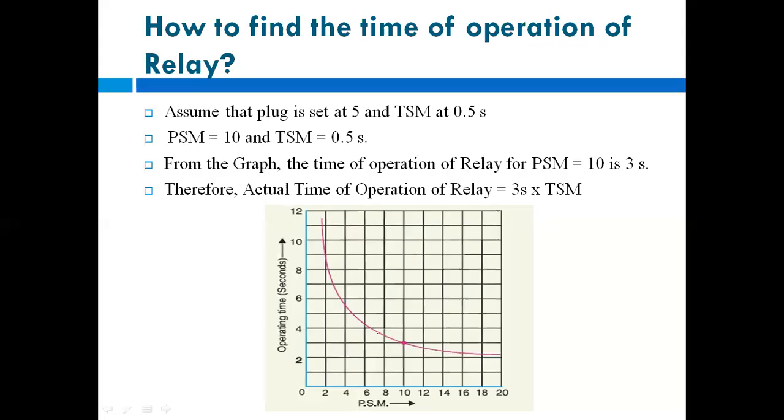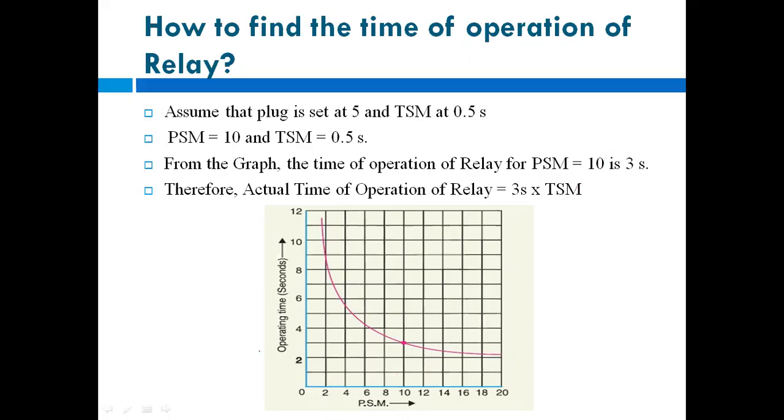PSM means plug setting multiplier, which is 10 here, and the time setting multiplier is 0.5 second. So the time of operation of the relay for PSM equal to 10 is 3 seconds.